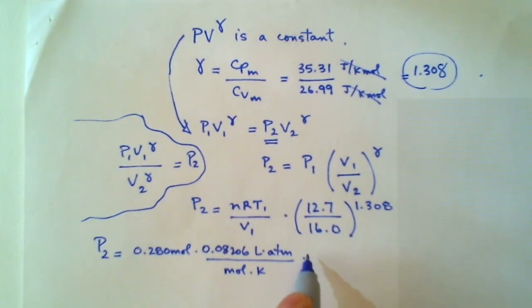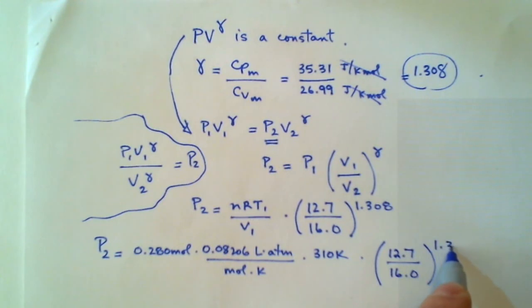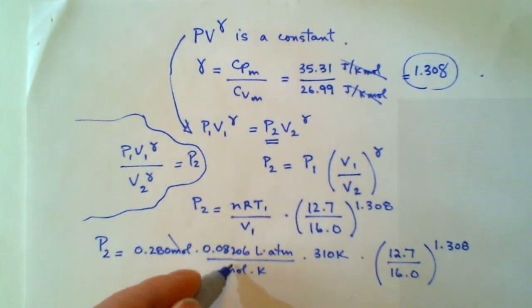And then temperature is 310 initially, so that's T1. And that's all multiplied by the 12.7 over the 16.0 raised to the power of 1.308. Mole, Kelvin, Kelvin.